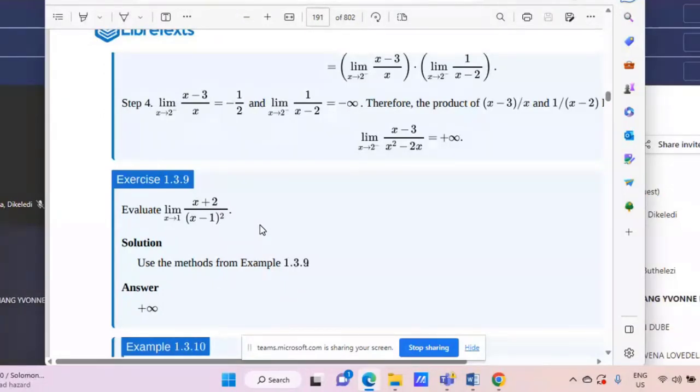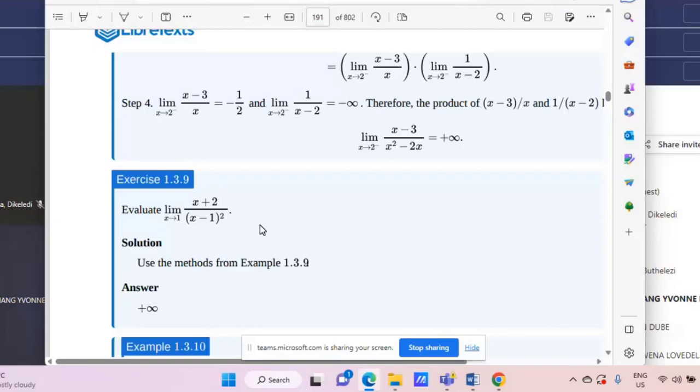The limit as x approaches 1 of x plus 2 over (x minus 1) squared. My denominator is squared, meaning I have 2 brackets.